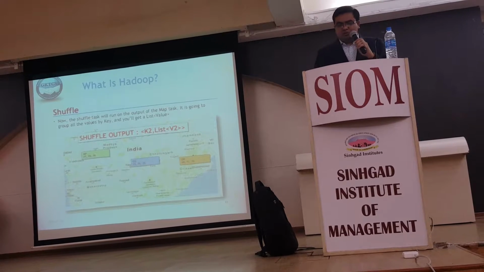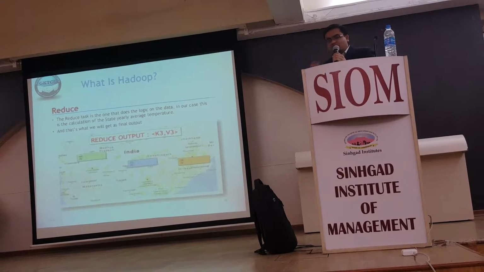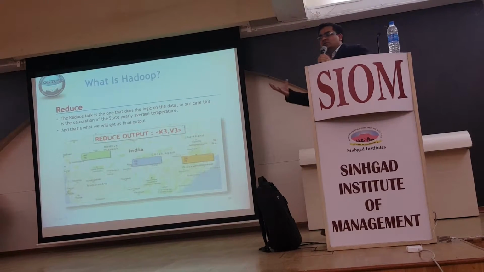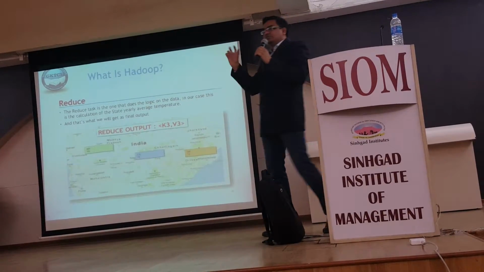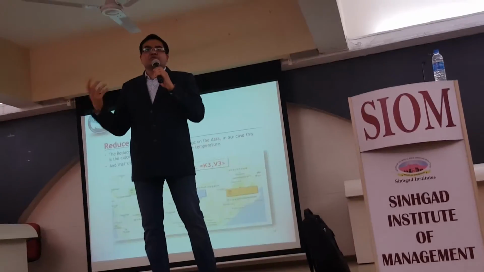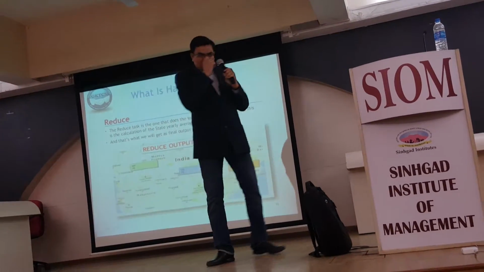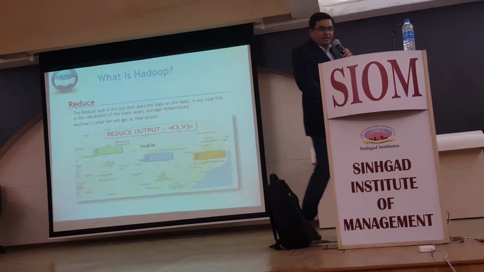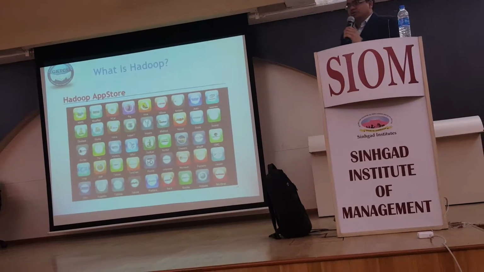And then I am going to have the reduced output, which is an average of all the data related to MP. A reduce program is made. So this is the way MapReduce works.